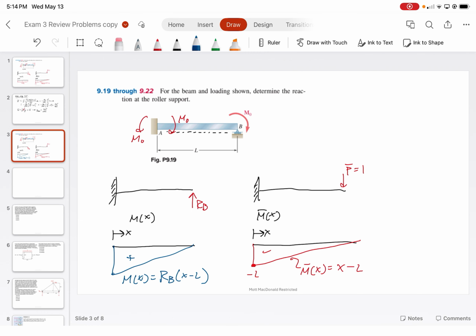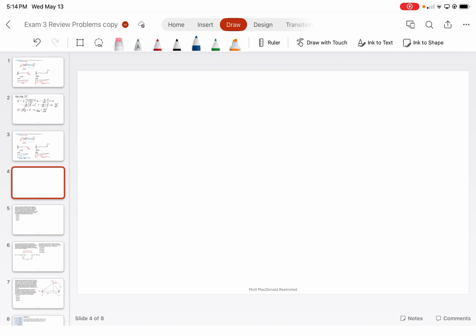Which I get RB times x minus L. Now, we can do principle of virtual forces again in order to solve that, where now we would have U bar for the principle of virtual forces equaling 1/2 times EI over the integral of 0 to L of RB times x minus L multiplied by x minus L for this bar dx.